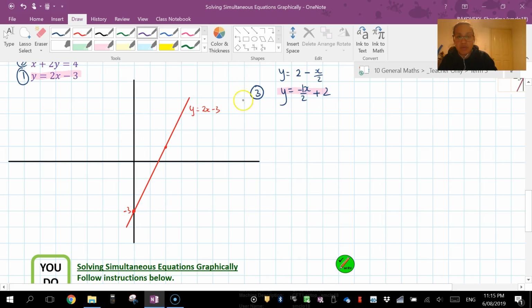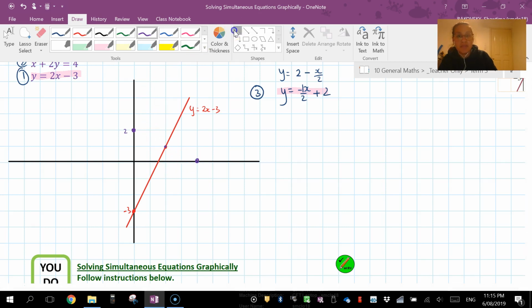So slope intercept form, plot my y-intercept, that's 2, and my gradient is negative 1/2, so it's going in this direction, and its rise is 1, run 2.